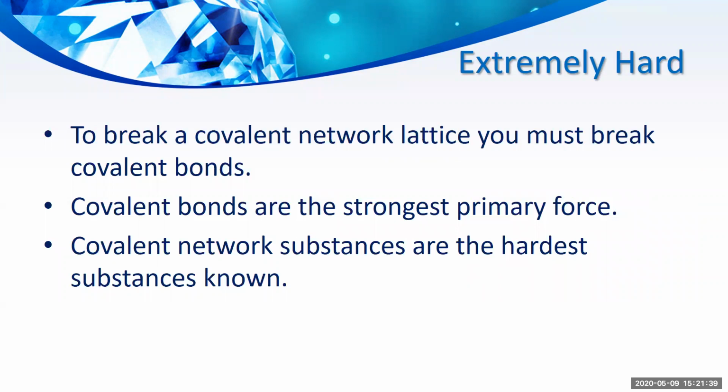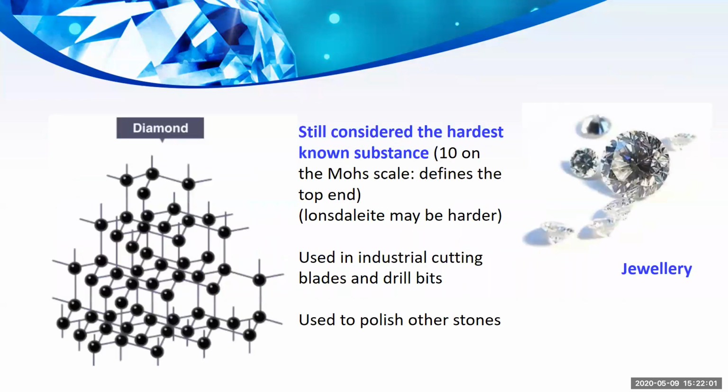They're extremely hard. In order to break a covalent network lattice or displace part of the lattice, you're going to have to break covalent bonds, and they are the strongest primary force. So that's going to be pretty darn hard to do. And in fact, covalent network substances are some of the hardest substances that are known.